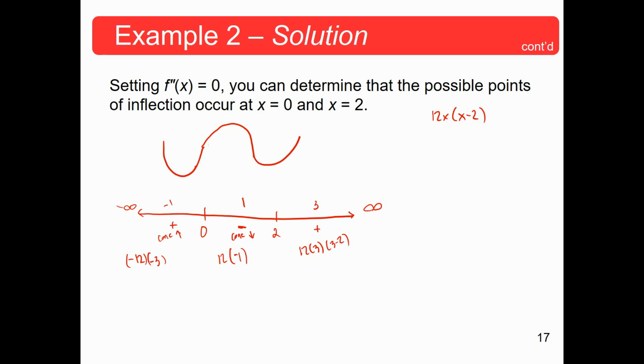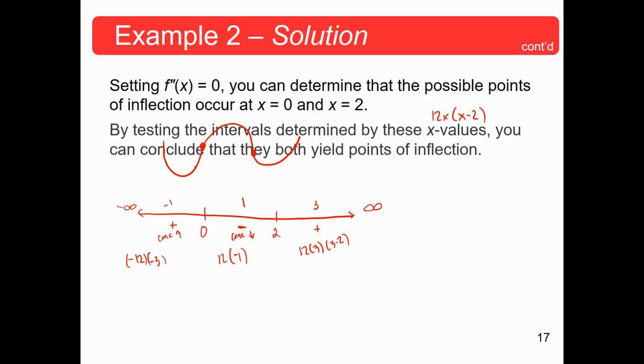So that means that since we went from concave up to concave down, 0 does represent a point of inflection. And since 2 went from concave down to concave up, it represents a point of inflection as well. Okay? So we tested them.